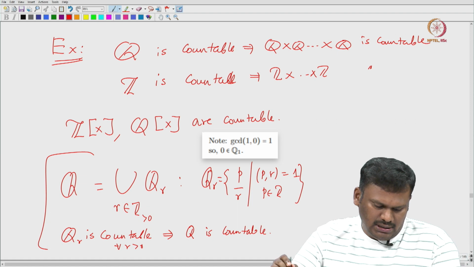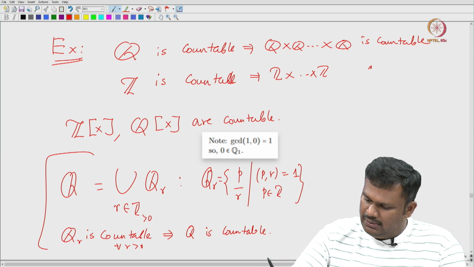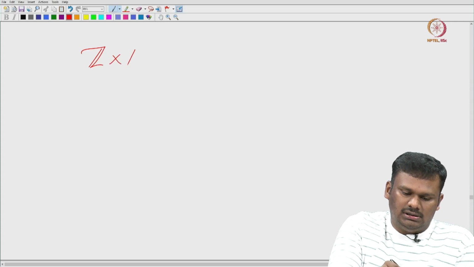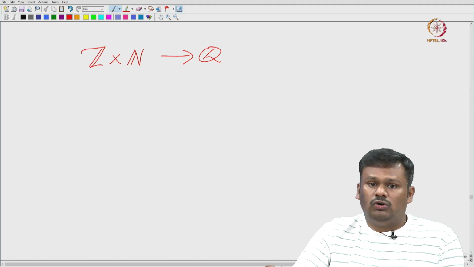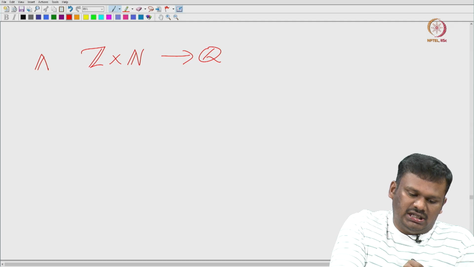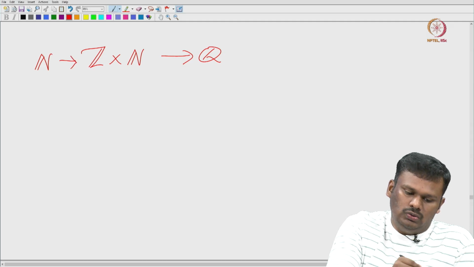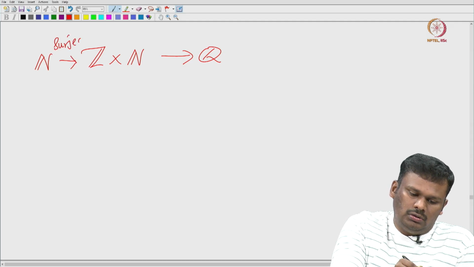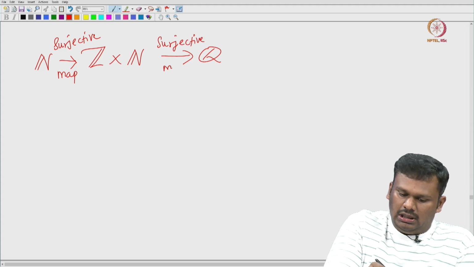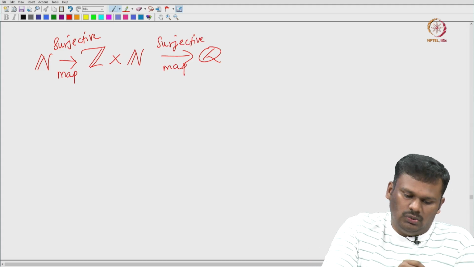So, this is one way to prove that Q is countable. Again, there is an easy way to define a surjective function from Z cross N to Q. Since Z is countable, N is countable, Z cross N is countable. So, you have a surjective map from N to Z cross N. Now, if you have a surjective map here, then that also tells you that Q is countable. So, what is this map?